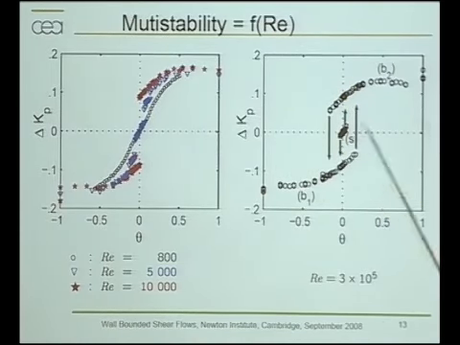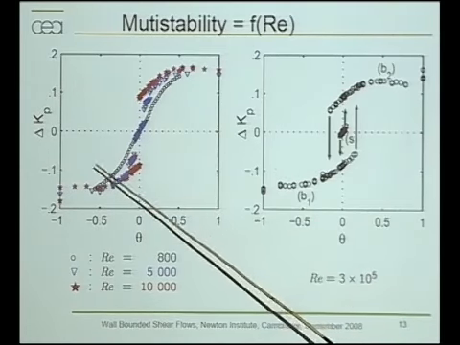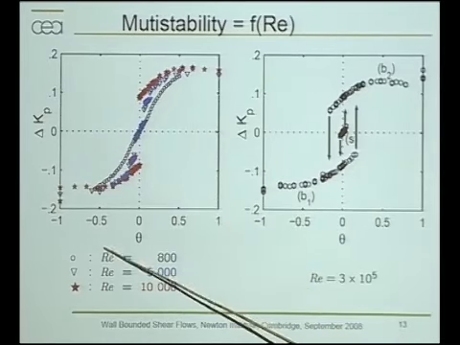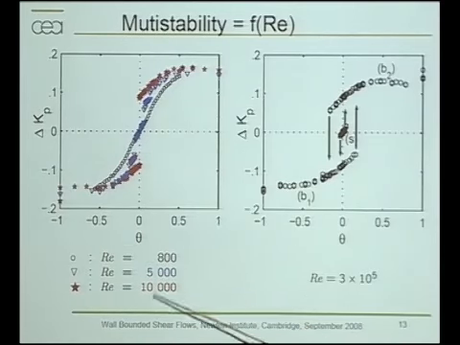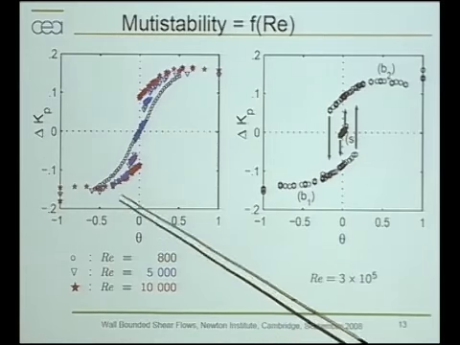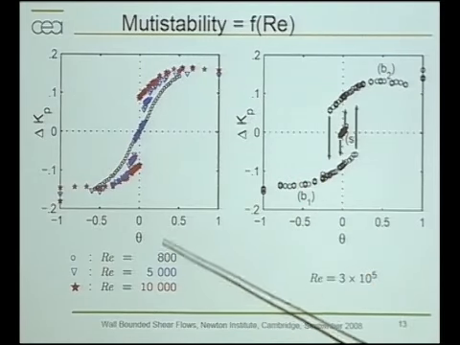Okay. I told you that we have multistability, and that this multistability is a function of the Reynolds number. We have no multistability under Reynolds number 10,000. You can look at that on this diagram. This is the torque difference between the two propellers as a function of theta.